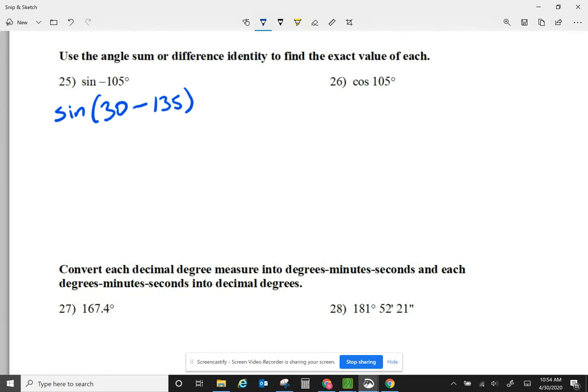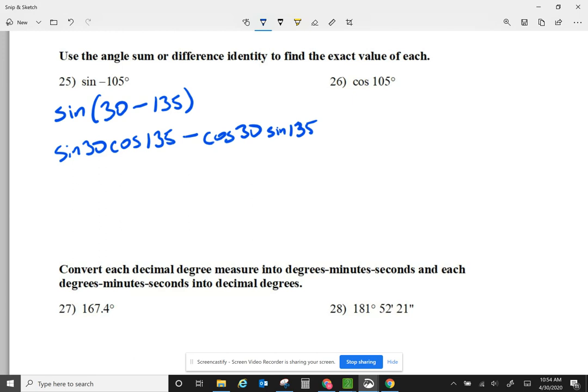According to the formula that I gave you guys, I have sine of A minus B. I'm just going to have this as sine of 30 times cosine of 135 minus cosine of 30 times sine of 135. Now, I'm going to use the unit circle.